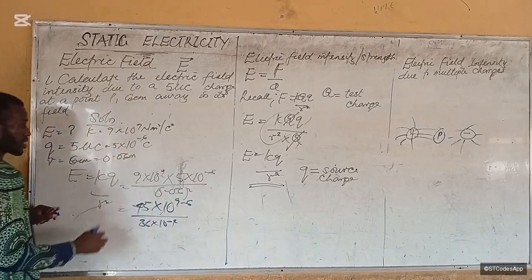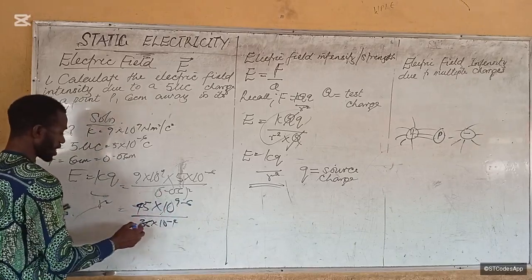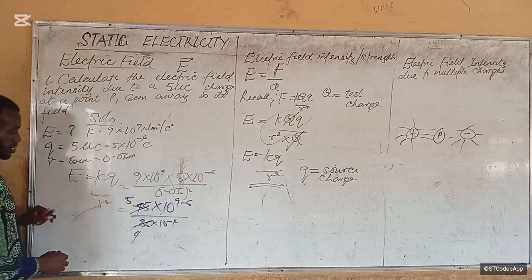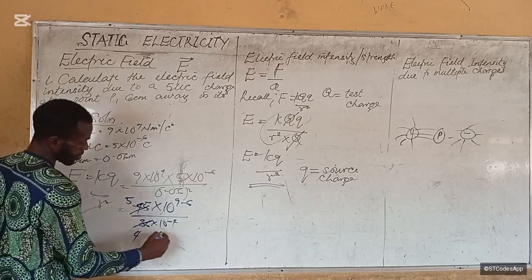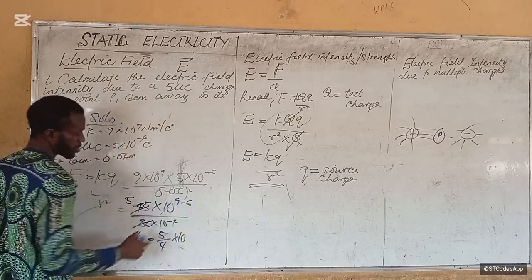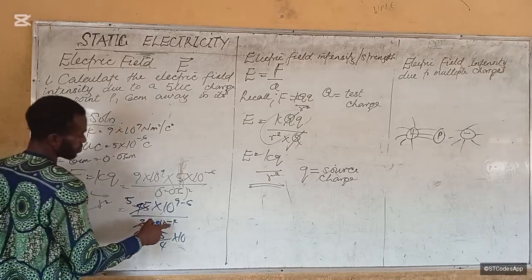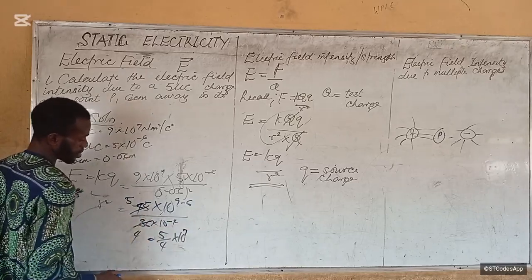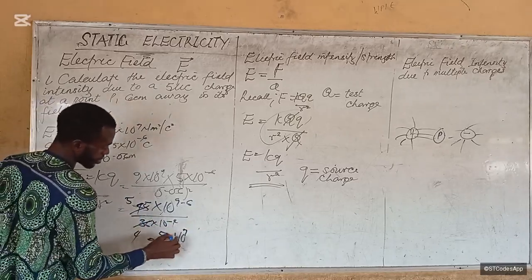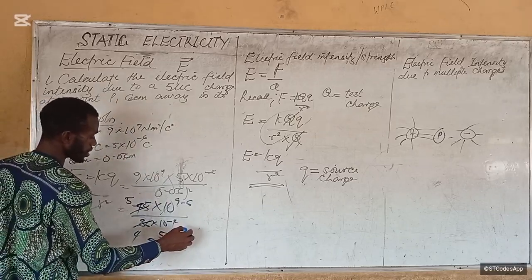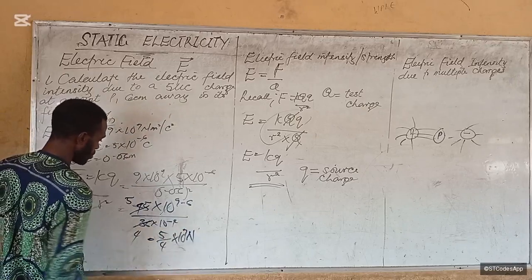Right. So from here, we can now go on to saying that 9 here, 4, 9 here, 5. Alright. So this will now become 5 over 4 times 10 to the power 9 minus 6, 3. 3 minus minus 4, that's 3 plus 4. That is times 10 to the power 7 Newton per Coulomb.